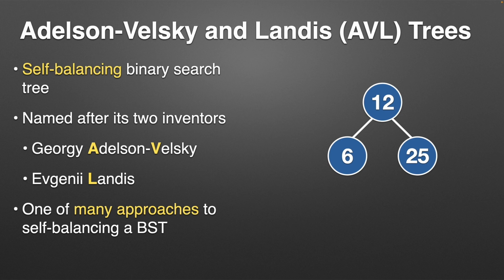There are plenty of other types of self-balancing trees. AVL trees are probably the simplest approach in terms of implementing the code and thinking about it. And they're also very efficient. So they are pretty much what we study when we look at data structures.